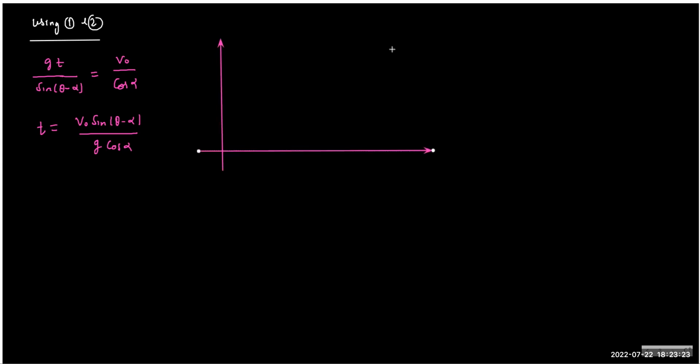In the same question of projectile motion, every event will happen twice, except the event which is happening at maximum height.